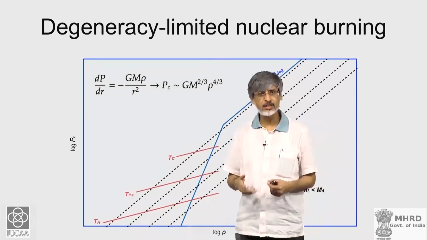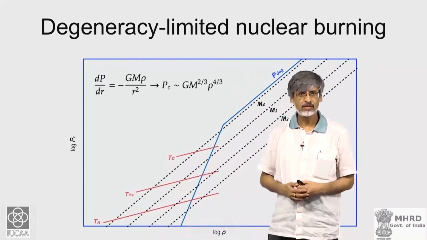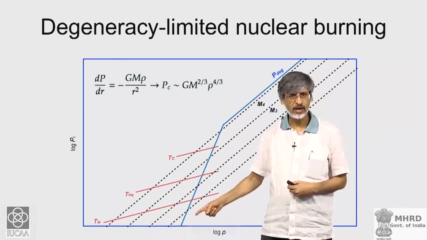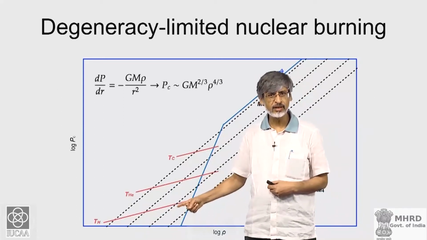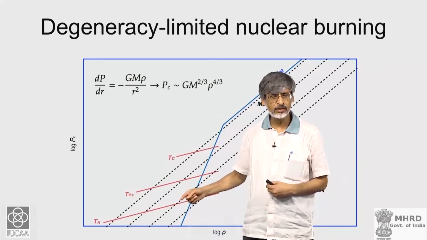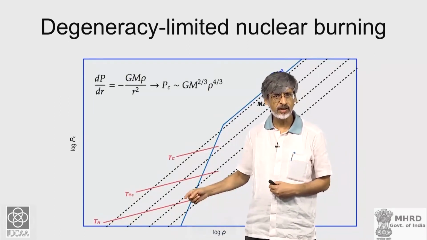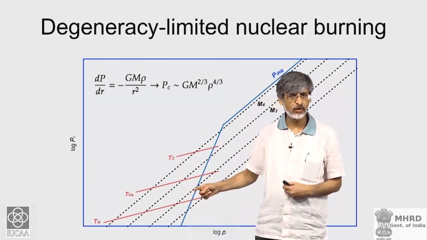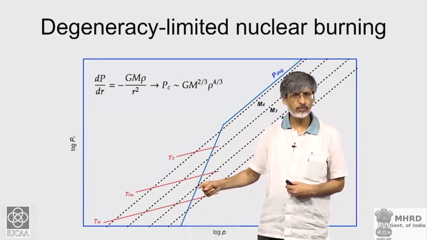This ignition of hydrogen then provides the replenishment of the energy that is being lost from the surface, and as long as the hydrogen keeps burning, the star is stable at this point. Once the hydrogen burning is exhausted in the core, then the star will proceed along this line all over again. After getting somewhat more dense, the line then intersects the electron degeneracy pressure blue line over here.